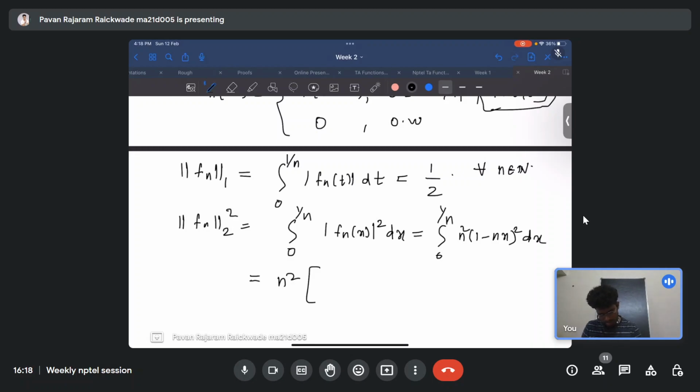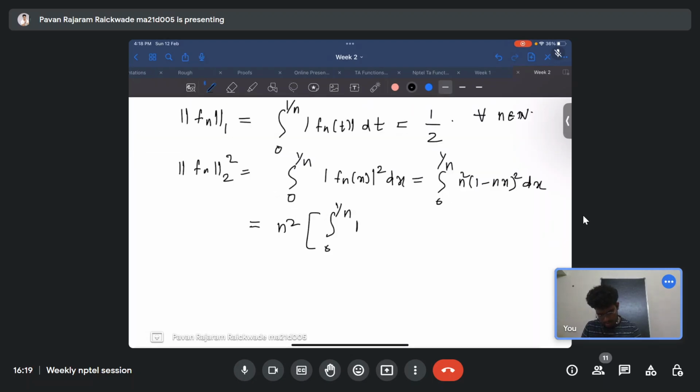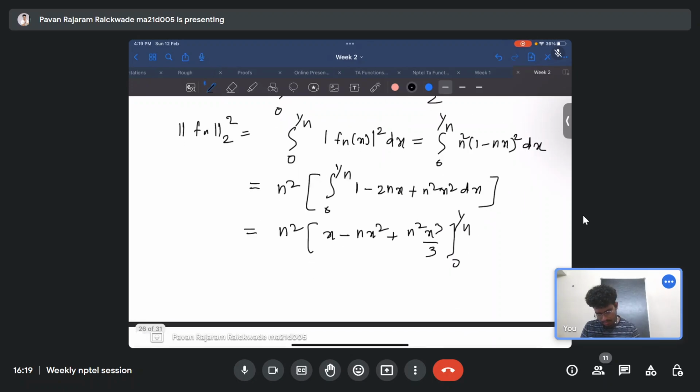Now (1 minus nx) squared is 1 minus 2nx plus n squared x squared, dx, which is n squared times [x minus n x squared plus n squared x cubed by 3] going from 0 to 1 by n. This is n squared times (1 by n minus 1 by n plus 1 by 3n), which equals n by 3.